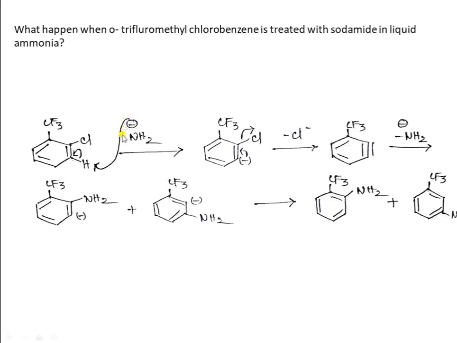Here, the R group, that is the substituent group, is the trifluoromethyl group that shows minus I effect, or withdraws electrons from the aromatic ring, and thus delocalization of negative charge occurs most for the carbanion having negative charge on the C2 carbon atom than the carbanion having negative charge at the C3 carbon atom. That is why the carbanion having negative charge at the C2 carbon atom will be the most stable one. That is why the product we get from this carbanion will be the major product in this reaction.